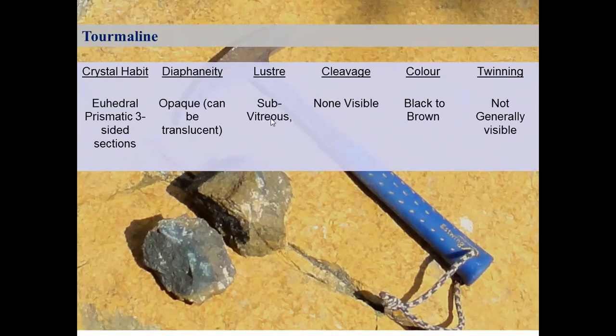Subvitreous luster, technically the term is subvitreous. It doesn't have any cleavage, but it's got those striations. They aren't cleavages, but it does have striations if you've got good, properly formed crystals. The color is generally black, can be brown in the opaque varieties. You don't generally see twinning with these materials.